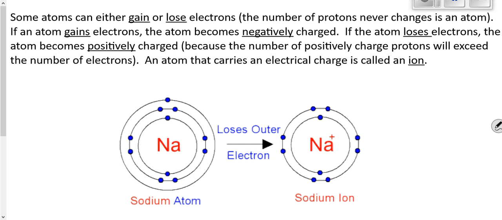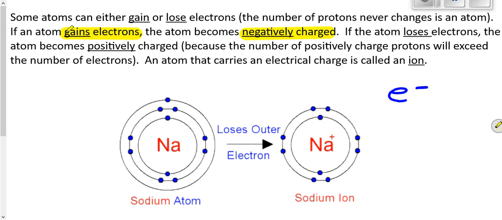Now, atoms can also gain and lose electrons as well. And remember, electrons are negative things. So if I gain electrons, I add more negatives, then my atom is going to pick up a negative charge.